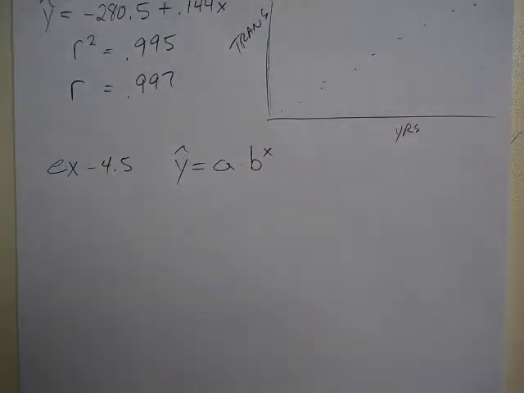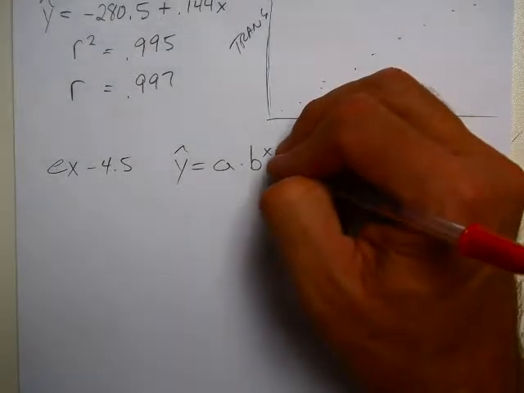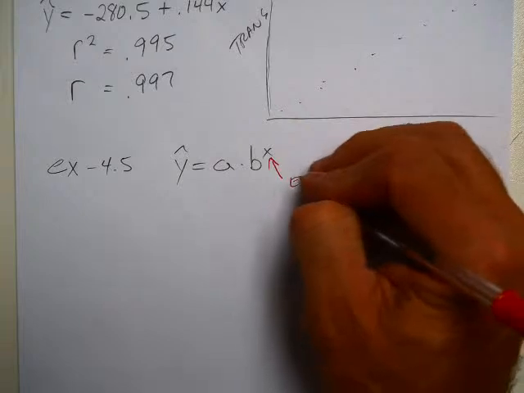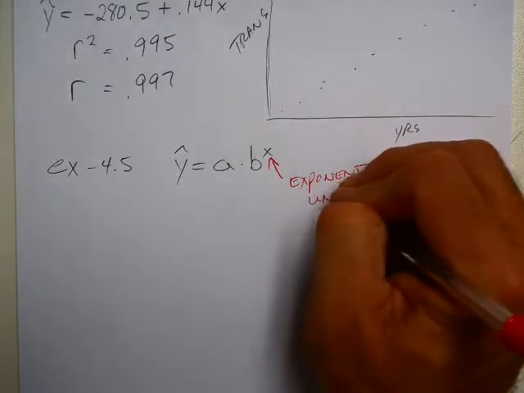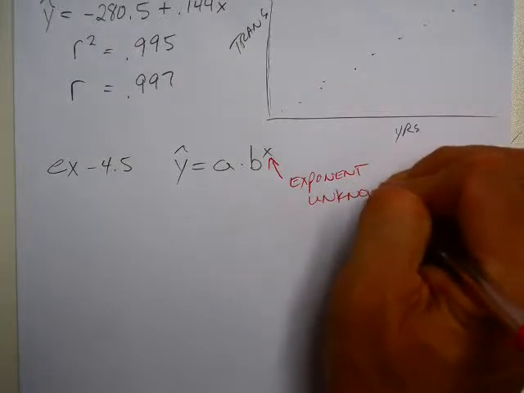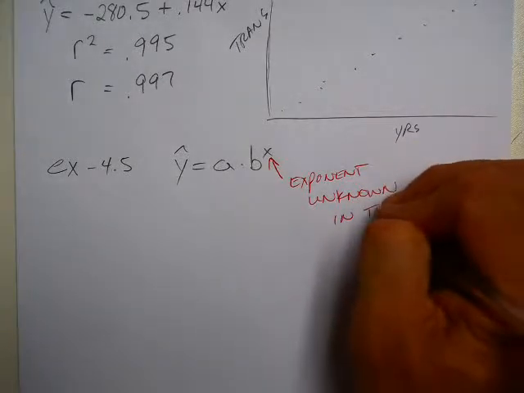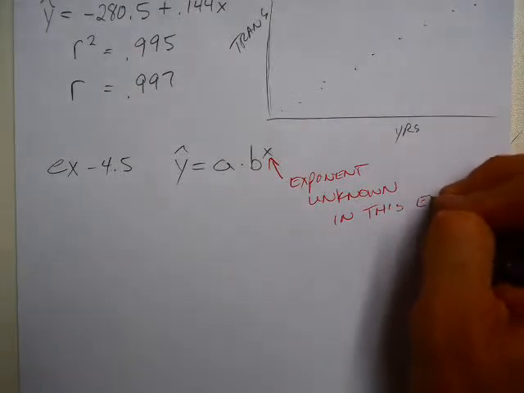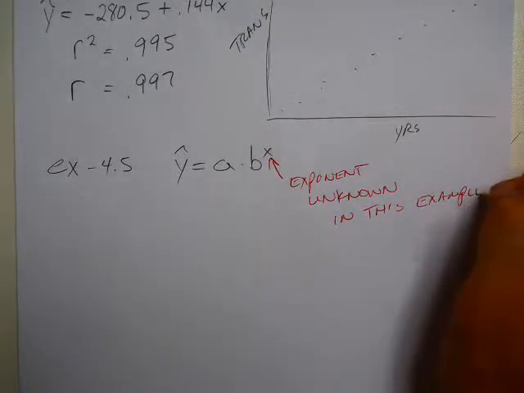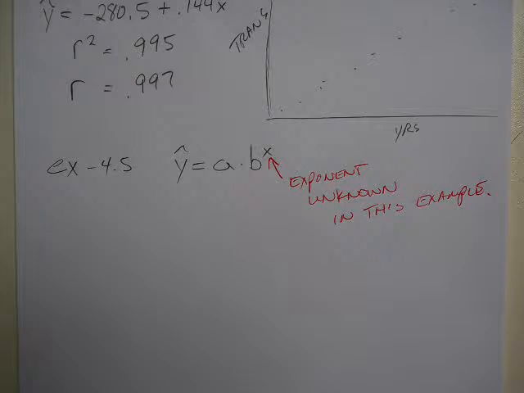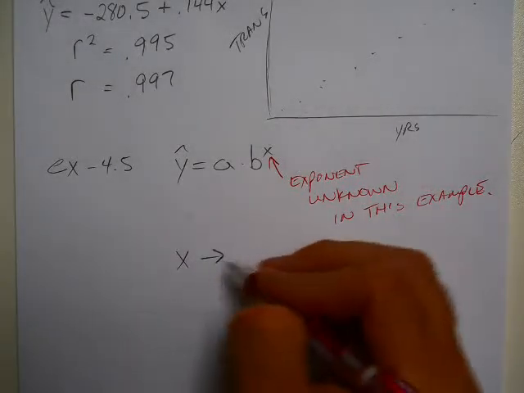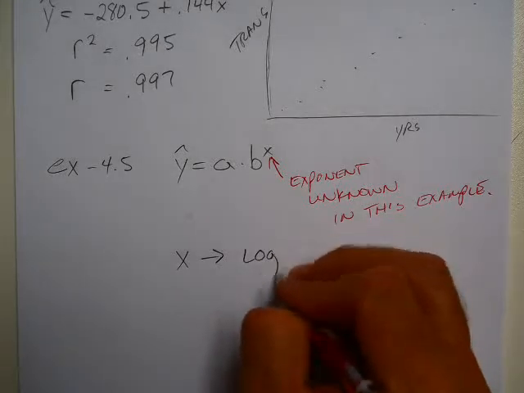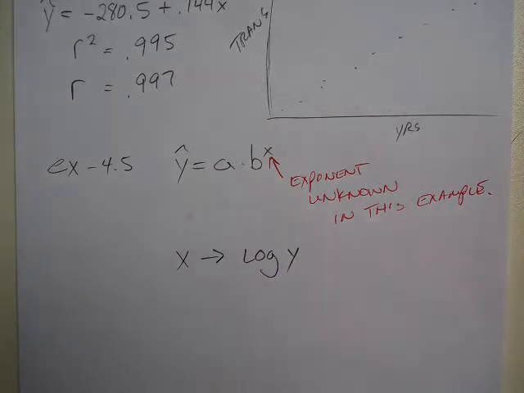In this particular case, the exponent was unknown. And because the exponent was unknown, we were able to simply take the log of y.